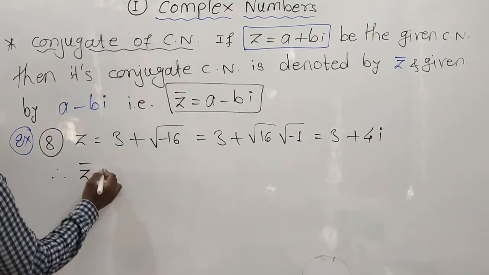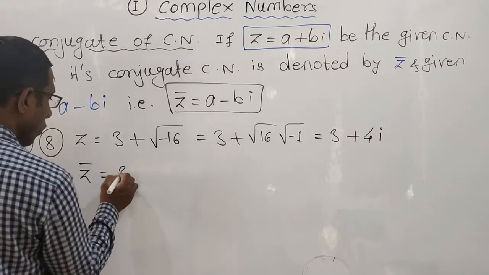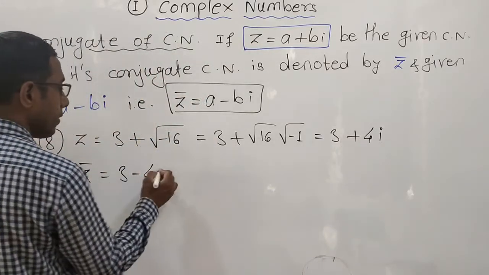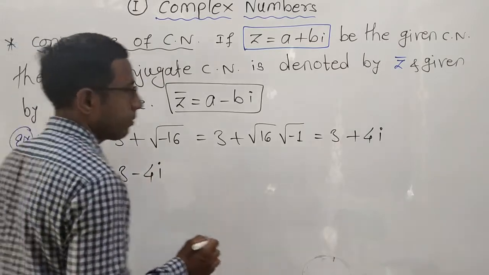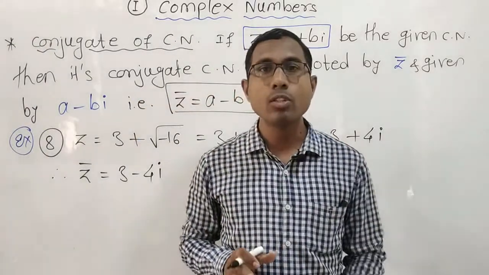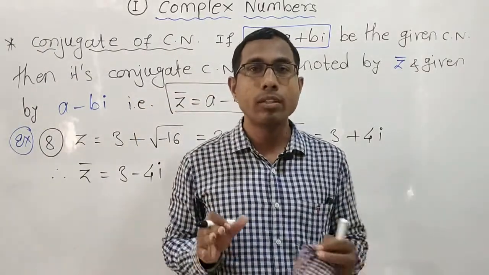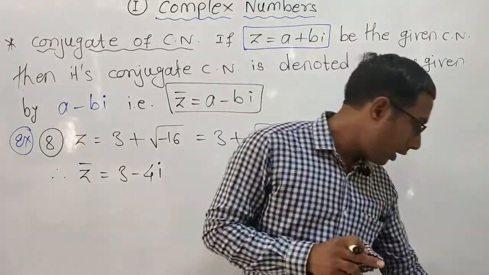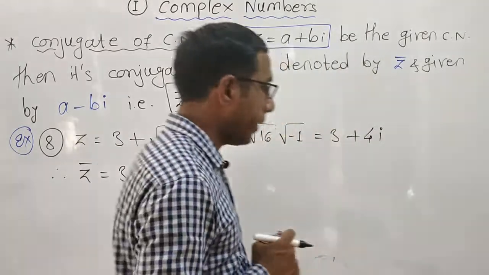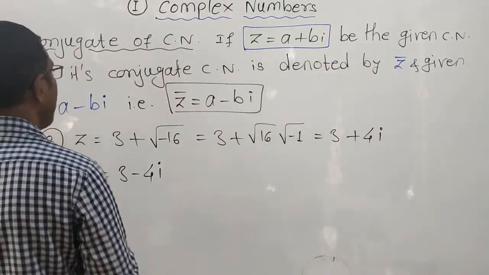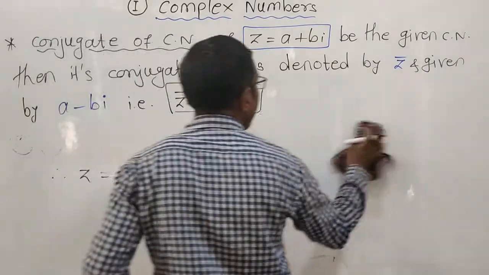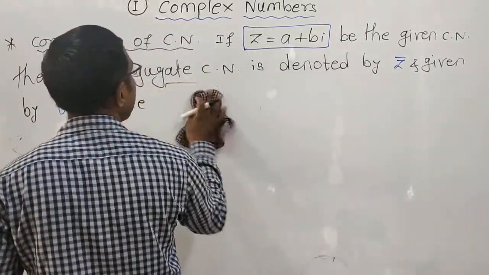Therefore z bar is equal to 3, now reverse the sign, minus 4i. Is that clear? So these are all the examples, we have covered all the varieties of questions on the conjugate of a complex number. And now next is the properties of the conjugate.